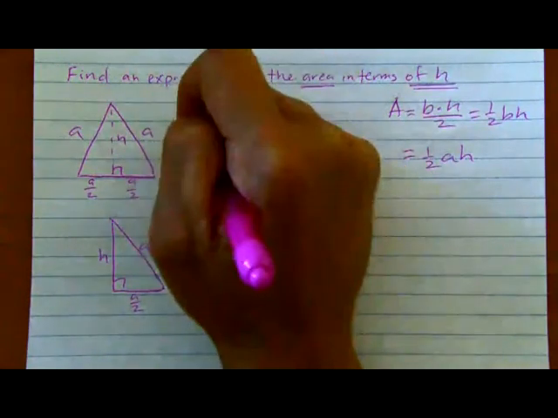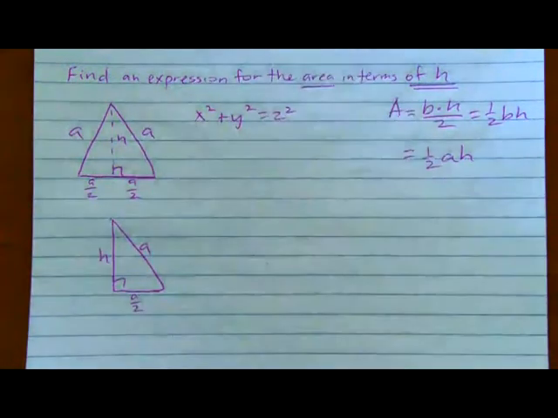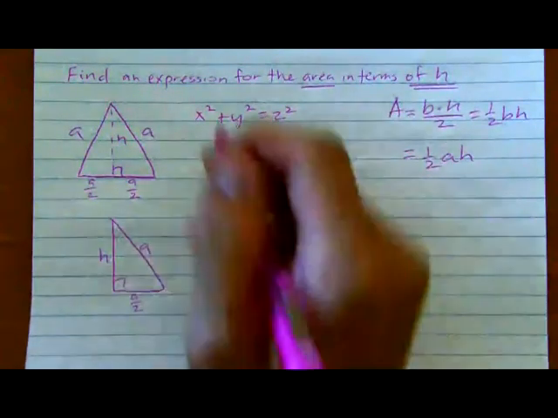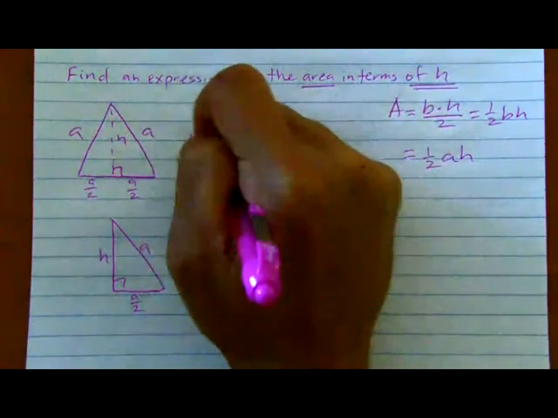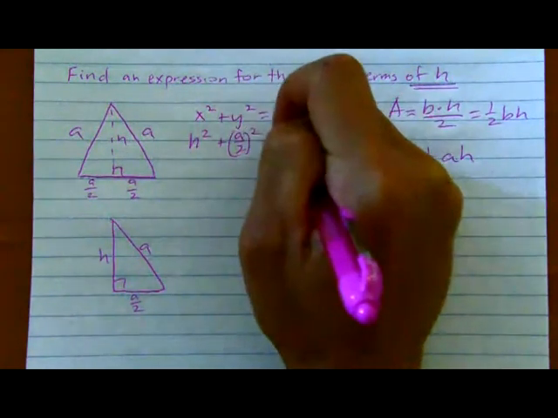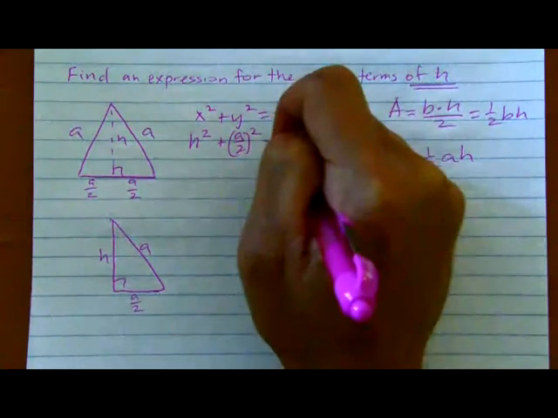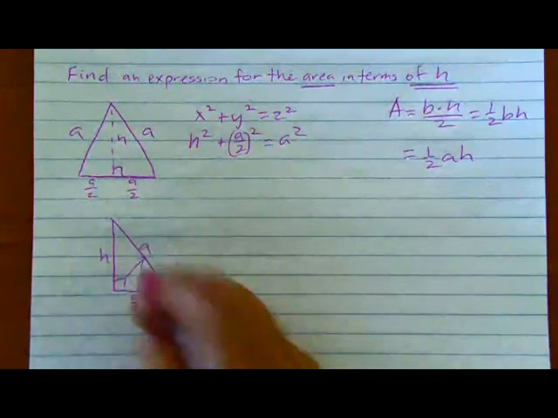Okay, so x squared plus y squared equals z squared. The two legs are h and a over 2. So h squared plus a over 2 squared equals a squared. That's your hypotenuse. You can tell again because it's across from the 90.